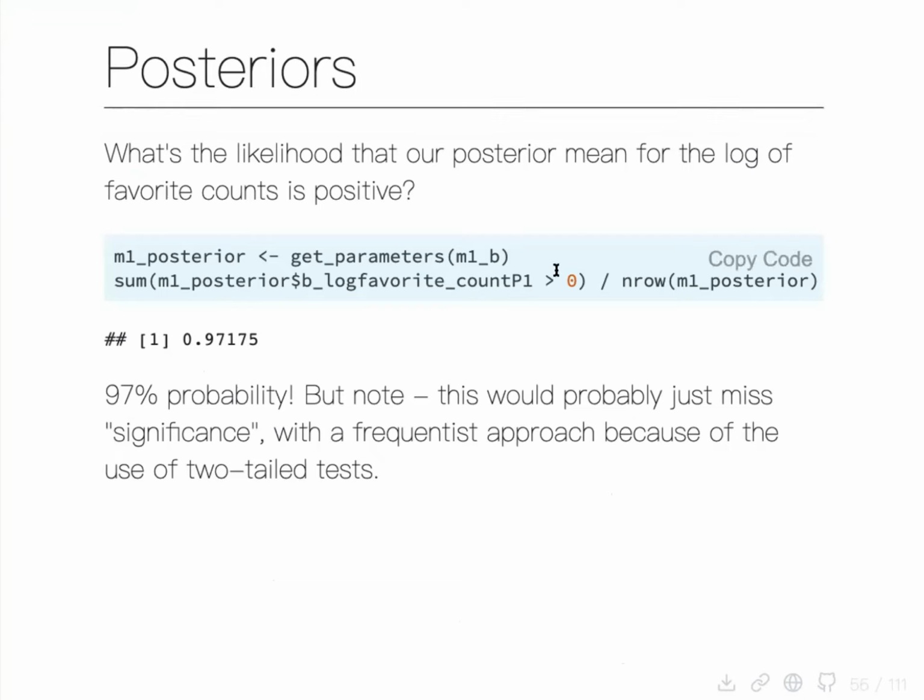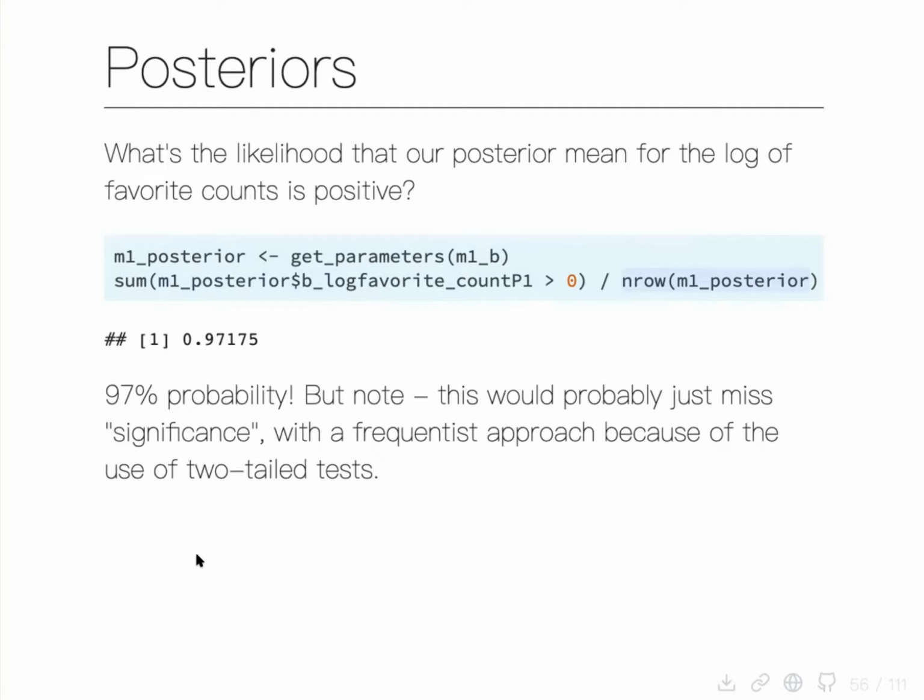And so we can count where those are greater than 0. We can sum all the cases where it is greater than 0, divide it by our total sample, and that gives us our proportion, which is 97. So we're saying there's a 97% probability that the directionality of this effect is positive.